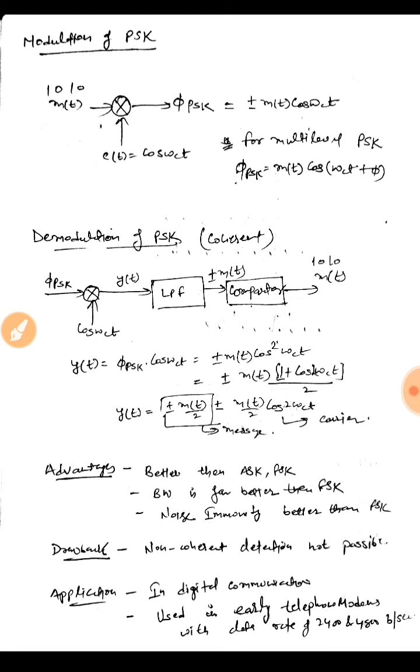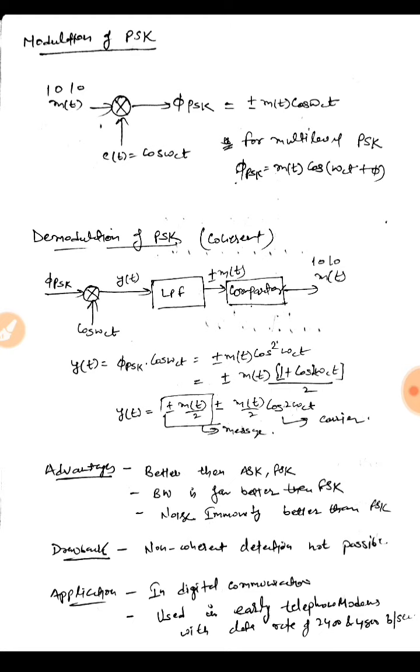Okay, so there are some advantages of PSK. It is better than ASK, and its bandwidth is far better than FSK, so it is better in terms of bandwidth. Noise immunity is also better in PSK.